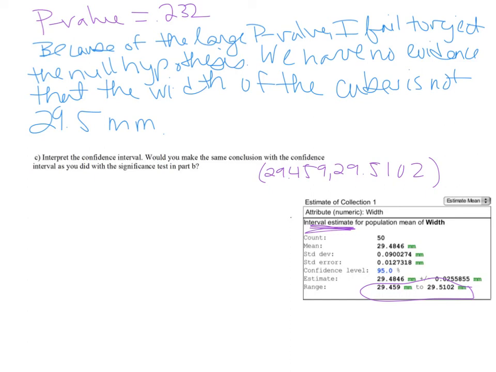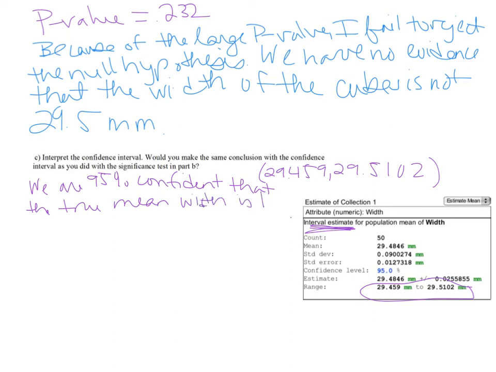So first of all, we're going to say we are 95% confident that the true mean width is between those two values. And so that's the first thing.